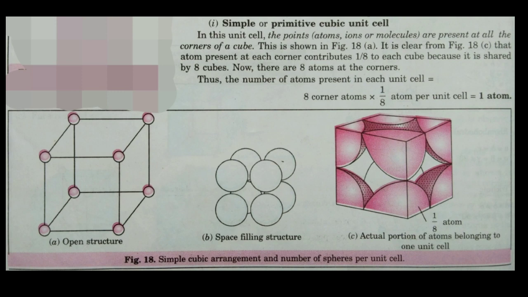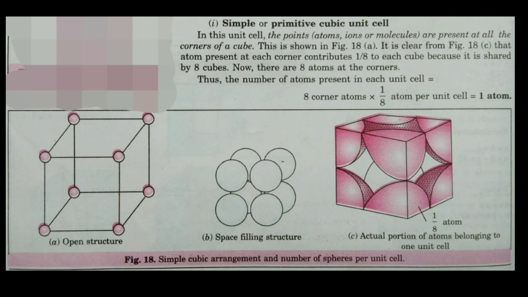It is clear from figure 18c that the atom present at each corner contributes 1/8 to each cube because it is shared by 8 cubes. Now, there are 8 atoms at the corners.